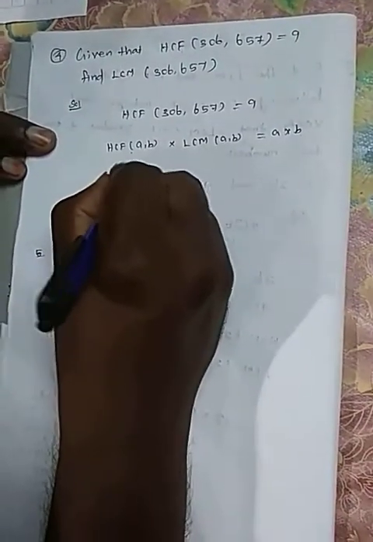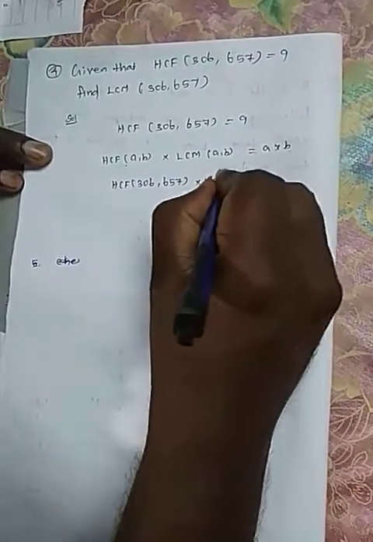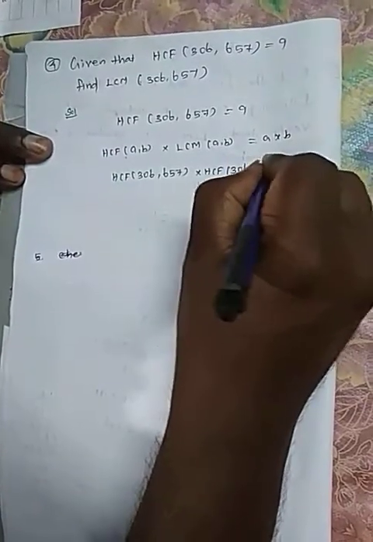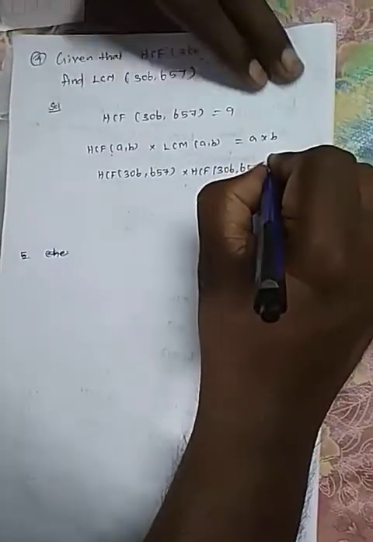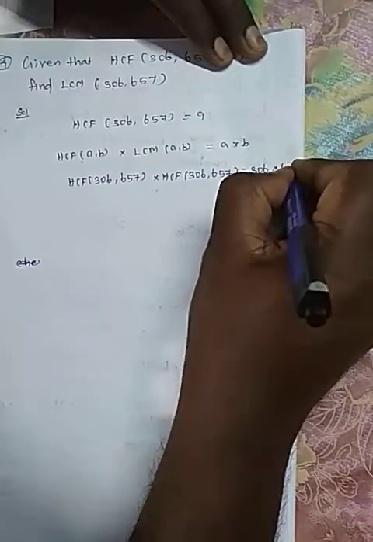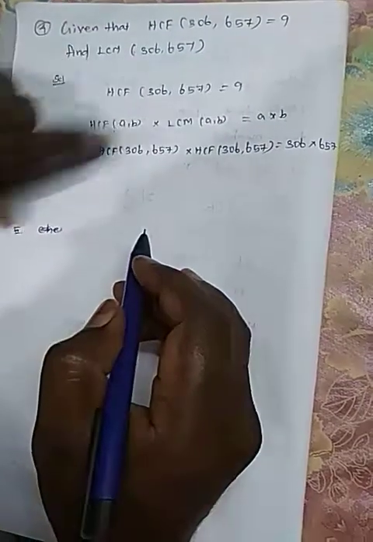HCF of 306 and 657 into LCM of 306 and 657 is equal to 306 into 657. Okay, A value 306, B value 657.